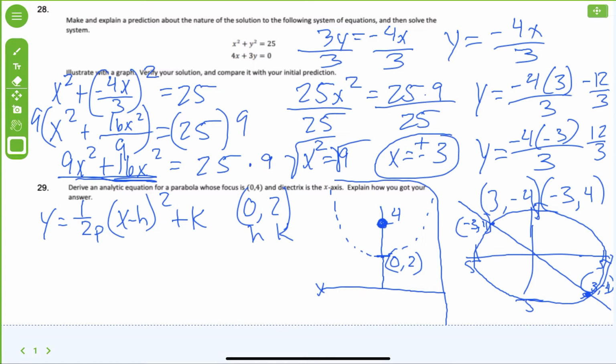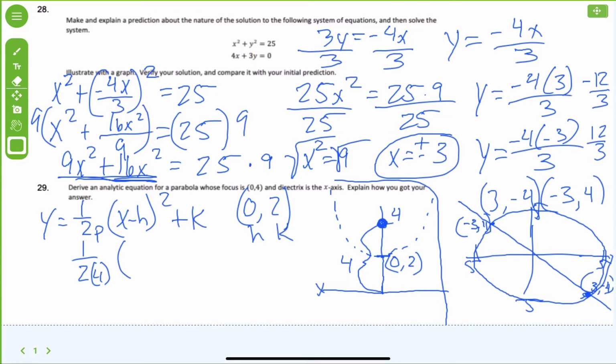What is p? Well, p would be 4, right? The distance between the focus and the directrix, which is 0, our x-axis, tells us that is 4. So just plug all of that in for p.